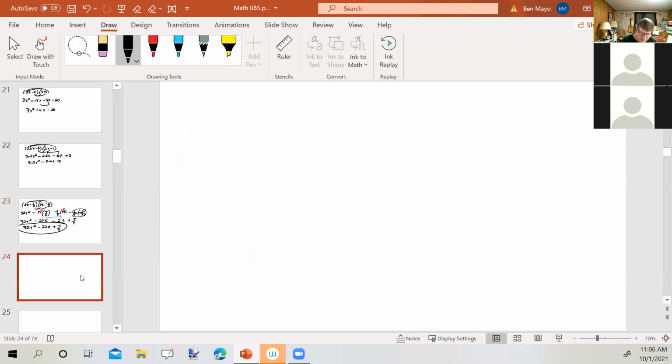Now, let's expand our horizons. Instead of multiplying a binomial times a binomial, we're going to multiply a binomial times a trinomial. Well, instead of having 4 products like with FOIL, we're now going to have 6 products.